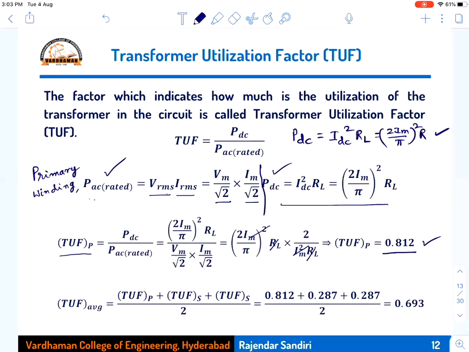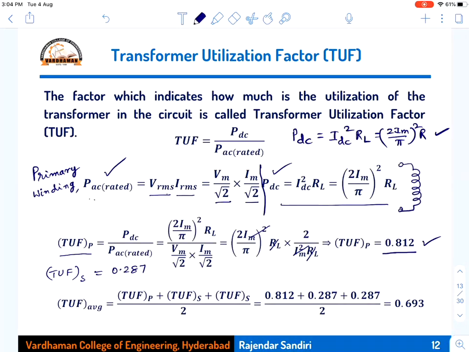Now, the secondary winding transformer utilization factor we already calculated in the half wave rectifier. How many half wave rectifiers are there in a full wave rectifier? Two half wave rectifiers. So the TUF of the secondary, we already calculated, was 0.287. Now, how many secondary windings are there? If you see the transformer, this is the primary winding.